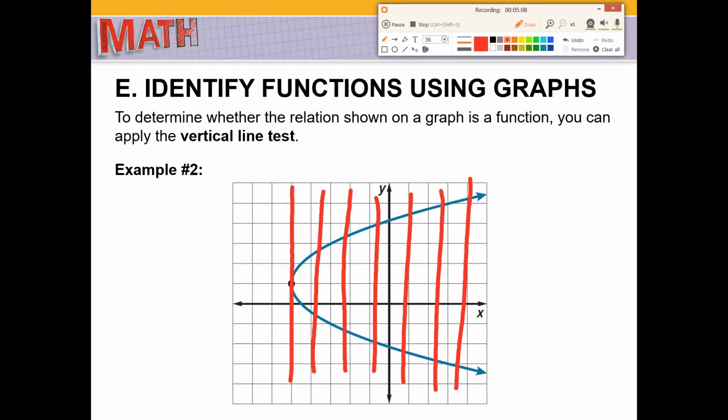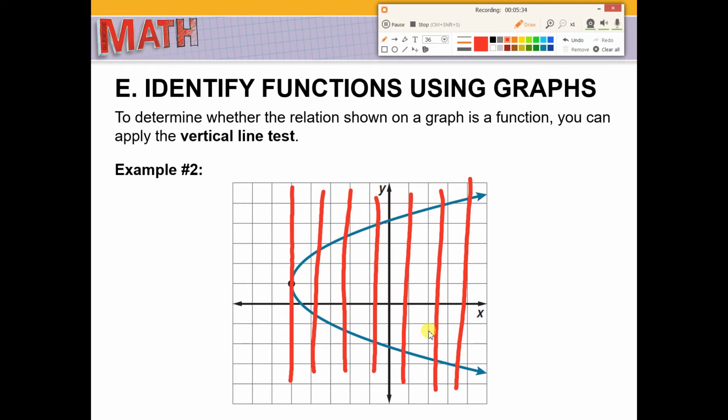By the way, guys, the vertical line should be straight. So if you're doing it on your own, it's better that you have a ruler with you. The only reason why my lines are not straight is because I'm using my mouse to draw them. But if you have the ruler, you have to use that. It has to be straight down.